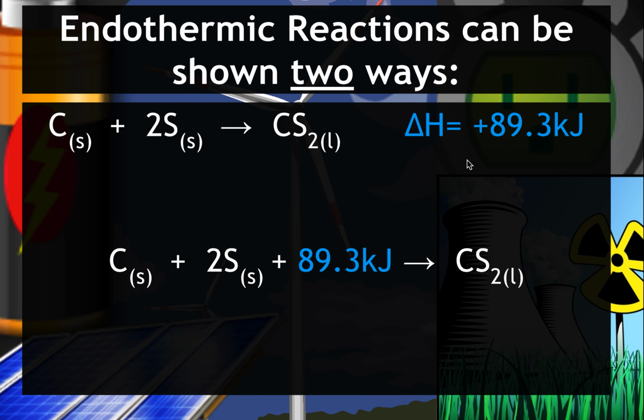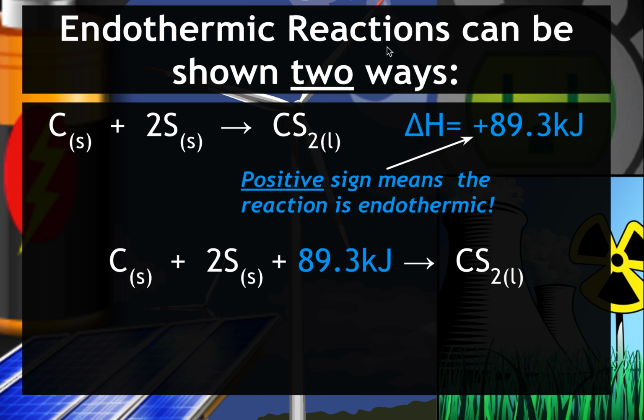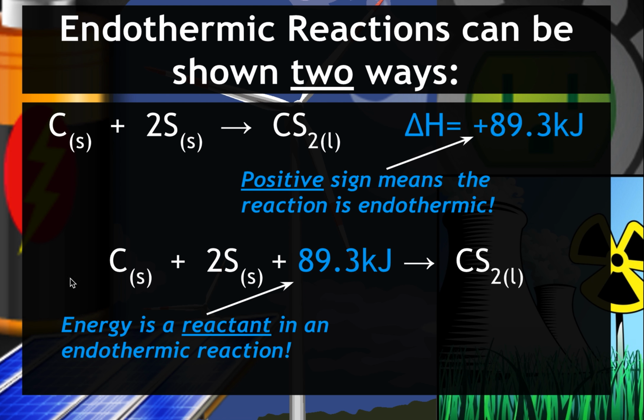A positive sign will mean that we have to add energy to the reactants in order for the reaction to happen. So a positive sign means the reaction is endothermic. Energy is a reactant in an endothermic reaction. This reaction won't happen unless I add energy to it.